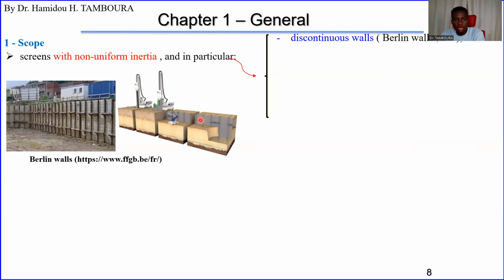Of course, we have to put this kind of thing as support. So once again, this program is not about how to build retaining walls, but how to design them.